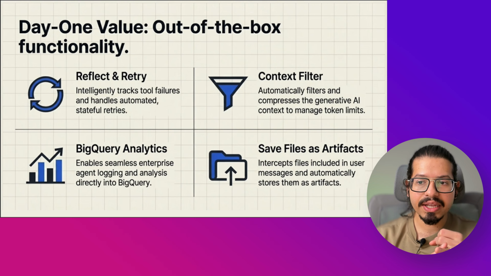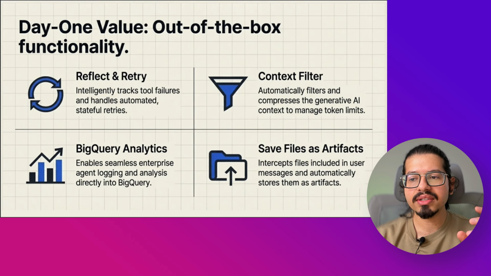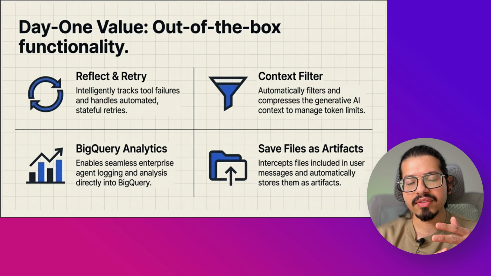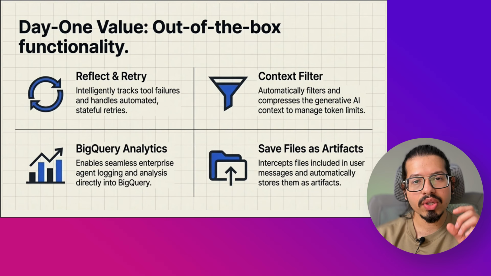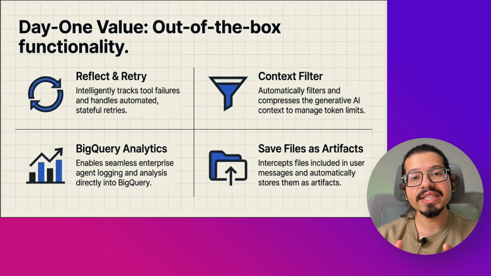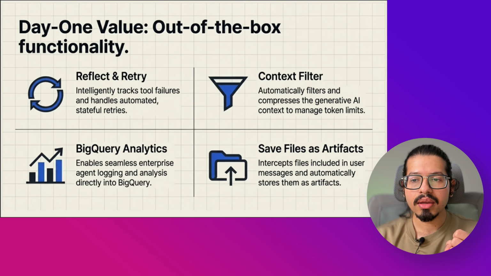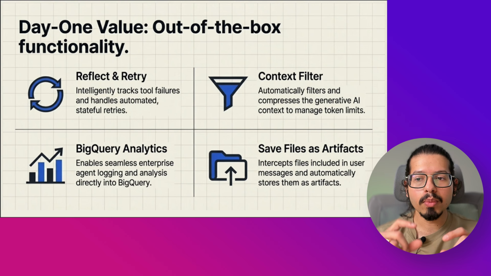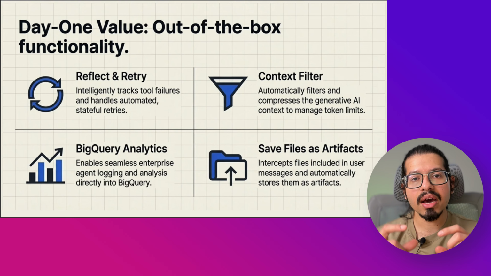Second is context filtering, which automatically filters and compresses the genai context to manage token limits. Then there is BigQuery analytics, and then there is saving files as artifacts. You can go through the documentation and use these pre-built plugins from day one. Of course, you can always develop custom plugins based on your requirement and use case, but most of these pre-built plugins are useful across multiple use cases.